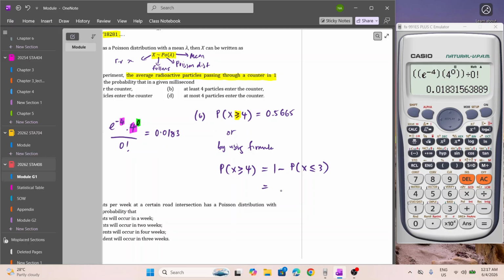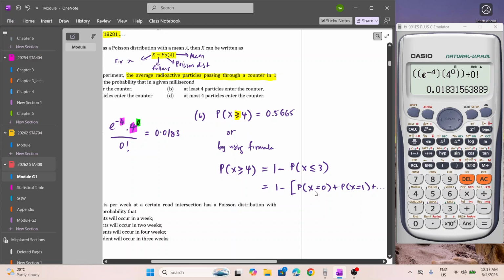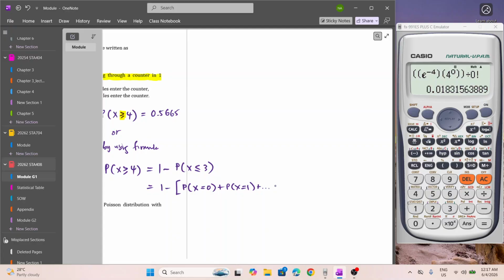This is basically 1 minus the probability of x equal to 0 plus the probability of x equal to 1 until the probability of x equal to 3.